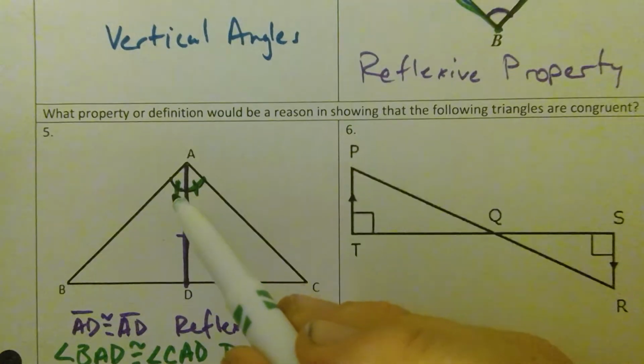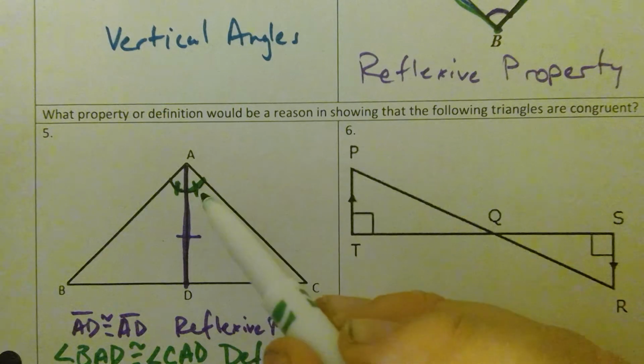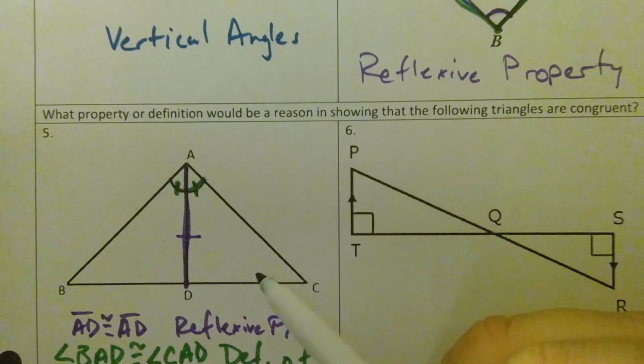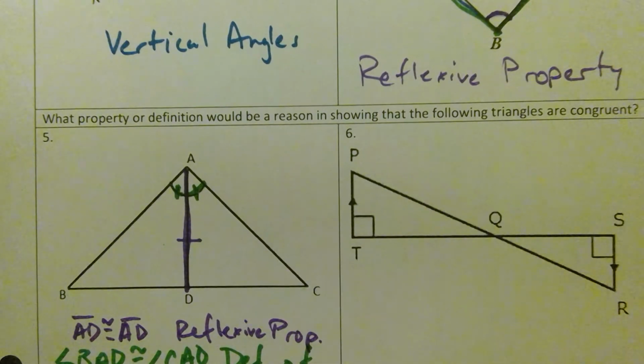Okay, because this line AD created two congruent angles. It bisected, it cut angle BAC, our big angle, in half. Okay, so go and try number 6. There are up to 3 different properties that we can show, or definitions.